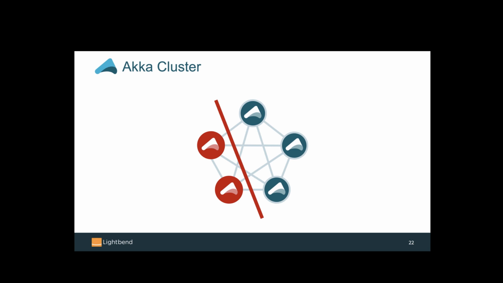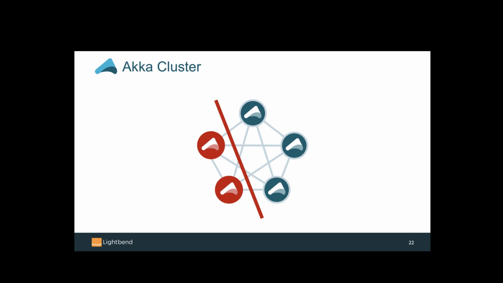It's kind of funny, what Split Brain Resolver does is it kills pods. In this diagram that I've shown here, you see these two nodes as red, but if there's a network partition, those nodes won't crash. They'll stay up and continue running.